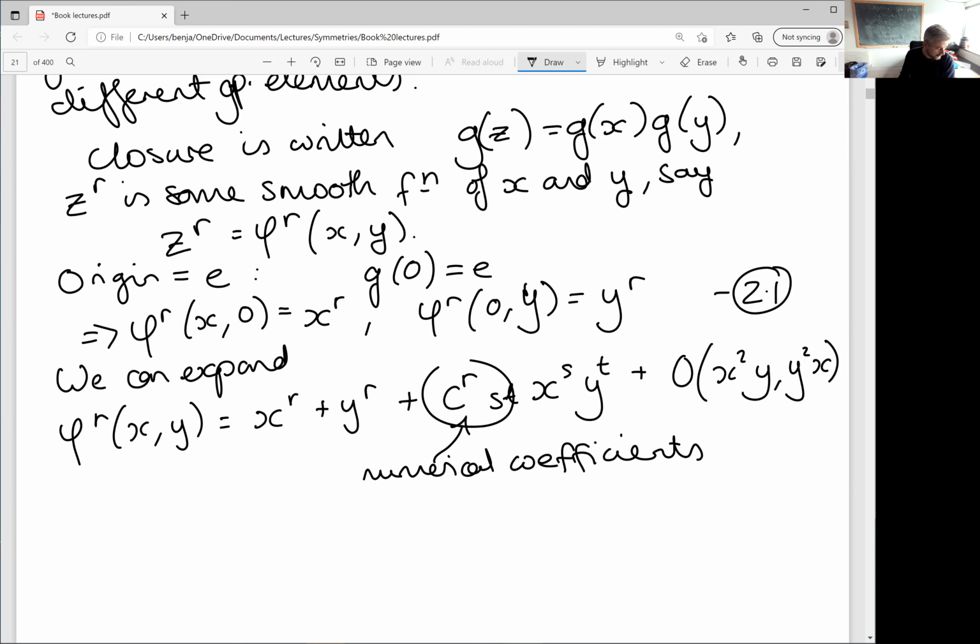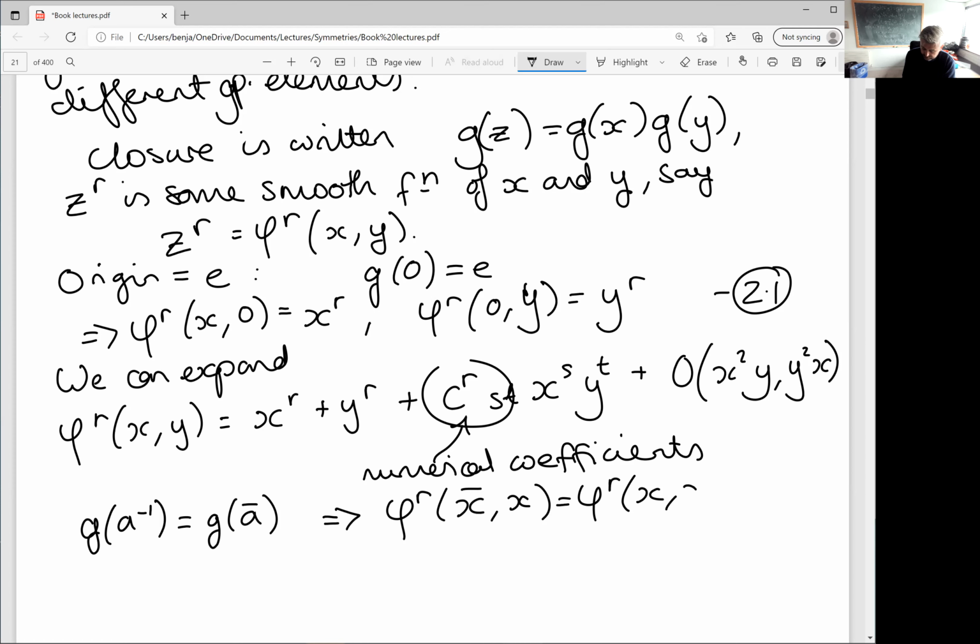Okay, what about inverse elements? I'm going to call the coordinates of the inverse elements the same thing, but with a bar. Our group axioms imply that the function phi(x bar, x) is the same as the function phi(x, x bar), and it's got to be 0.